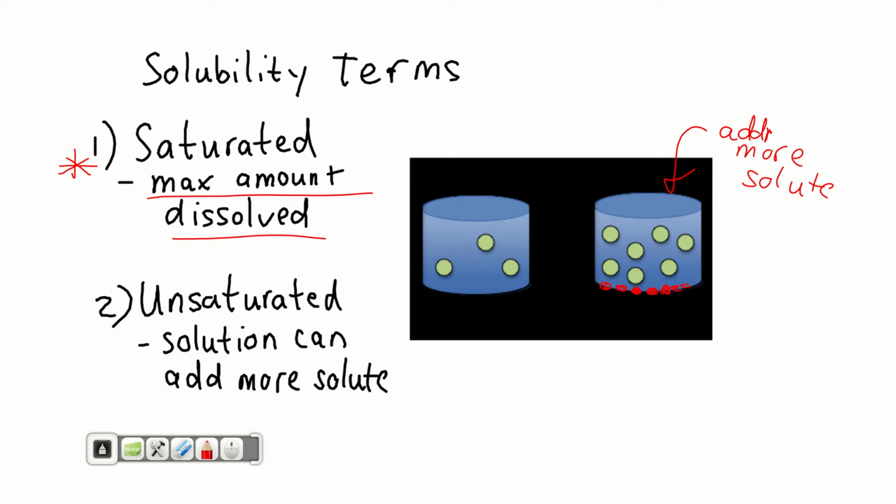You probably have seen that with salt water, where we pour a lot of salt into the water, and we try to stir, and eventually we just can't get any more salt to dissolve. So that would mean my solution above all that stuff at the bottom is saturated. So you are saturated when no more can be dissolved.